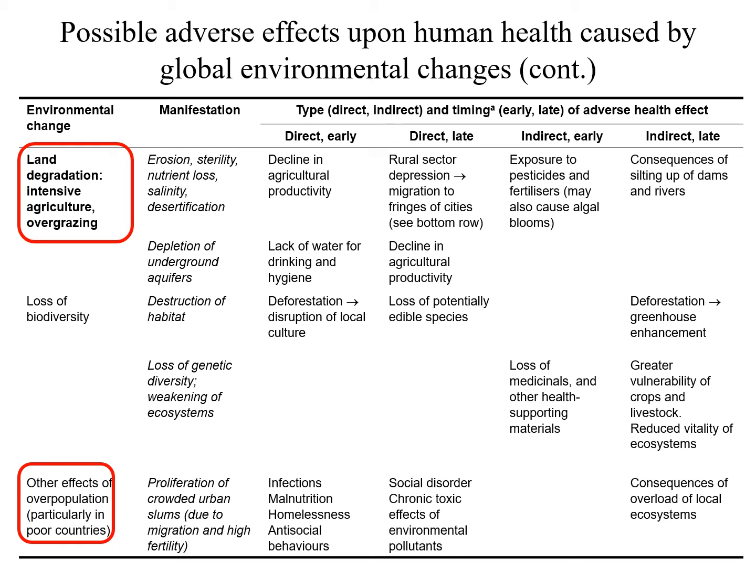Late direct effects: rural sector depression leading to migration to fringes of cities. Early indirect effects: decline in agricultural productivity, exposure to pesticides and fertilizers. Late indirect effects: consequences of silting up of dams and rivers, loss of biodiversity, and other effects of overpopulation, particularly in poor countries.